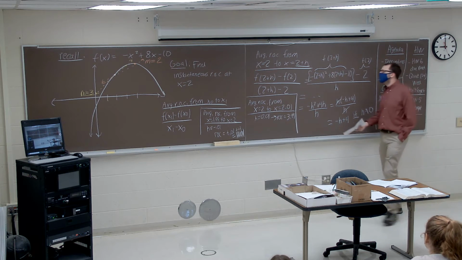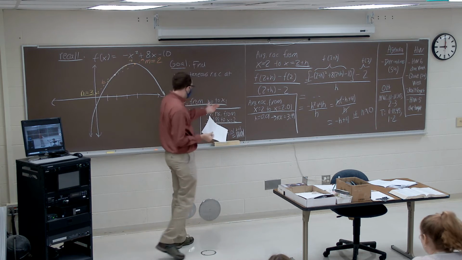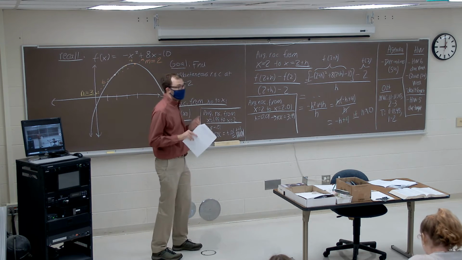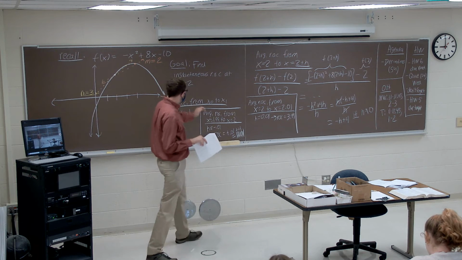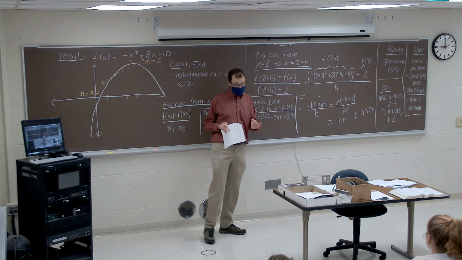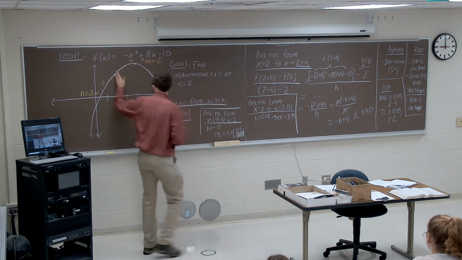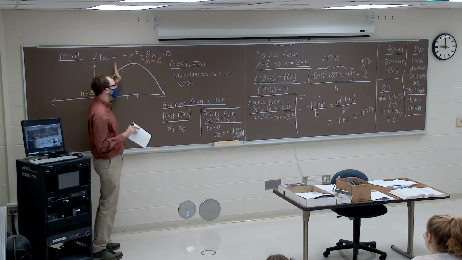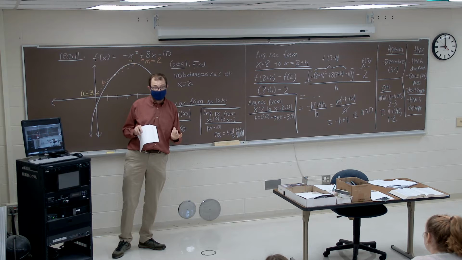So it certainly looks to be the case that if we take average rate of change from x equals 2 to these very close by points, we seem to be getting values of average rate of change that are very close to 4. If we take rate of change from 2 to slightly to the right of 2, we get an average rate of change very slightly less than 4.